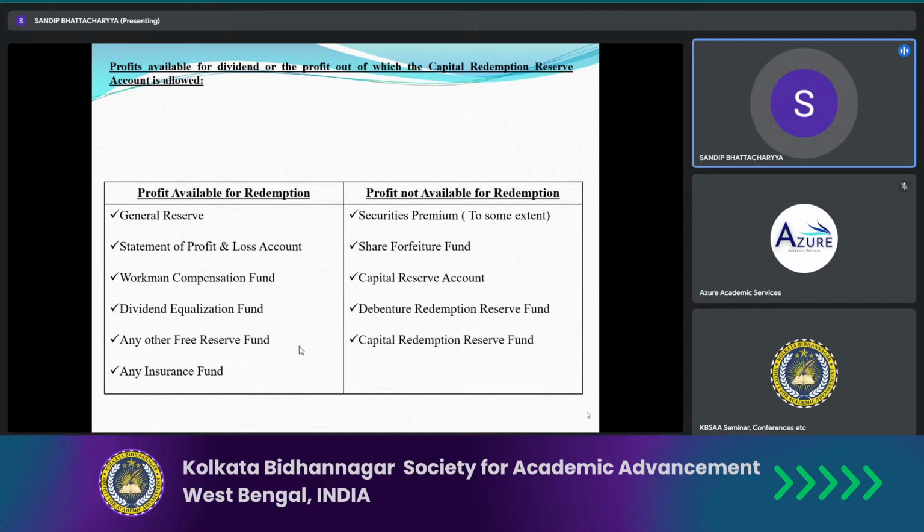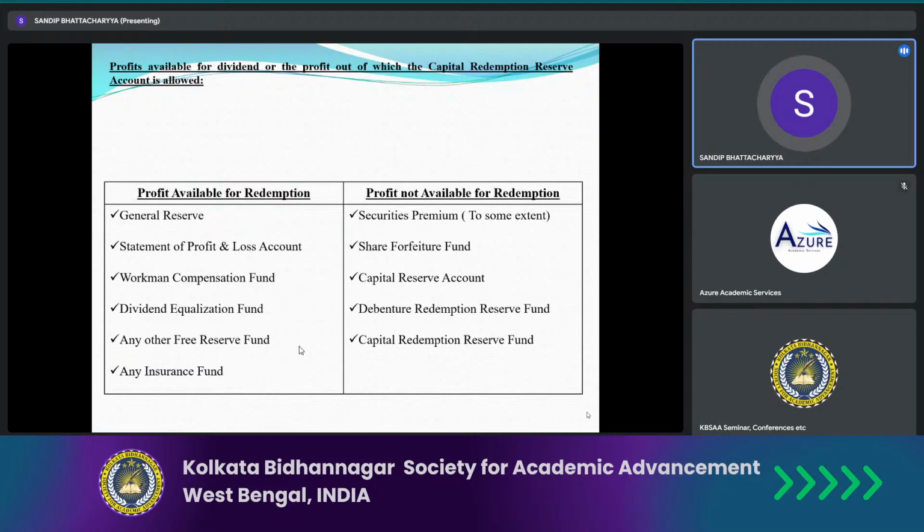Now come to the right-hand side: the profits that are not available for redemption. These are the restricted ones. But my dear students, regarding securities premium, I have to mention that to some extent, if your preference shares are redeemed at a premium, you can utilize your securities premium money.